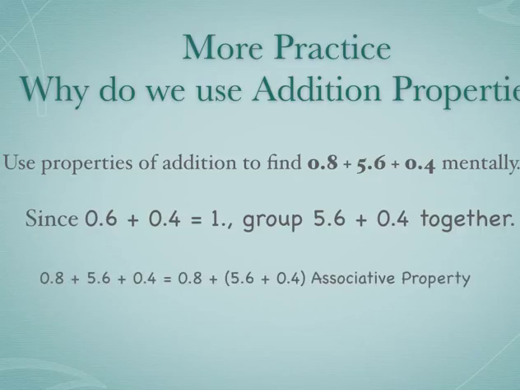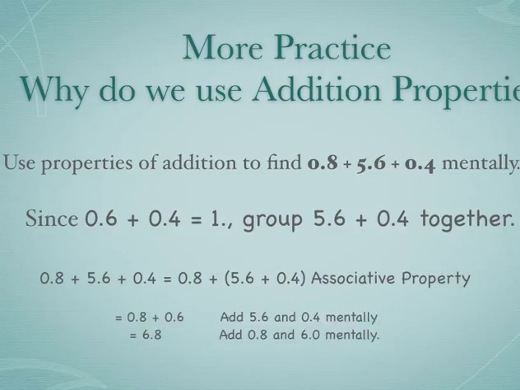Once I've done that, I know that I've used the associative property to do that. So 8/10 plus, I'm going to add 5 6/10 and 4/10 mentally, and I will get 6 and 8/10.